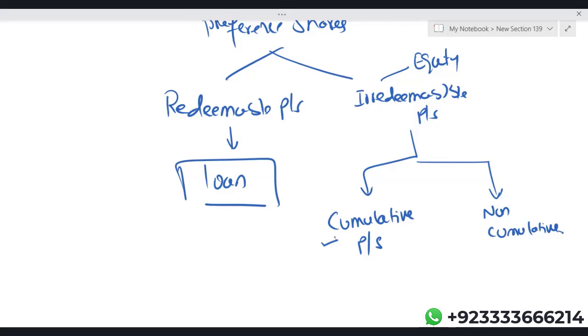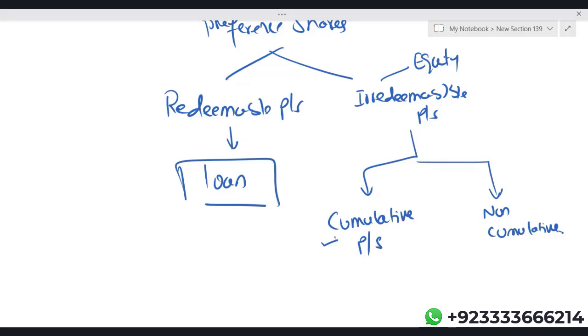How do we calculate preference dividend? Simply preference share capital multiplied by the percentage of the preference shares, which will be given to you. So in case of cumulative irredeemable preference shares, either dividend is declared or not, you have to simply calculate the dividend and deduct it.